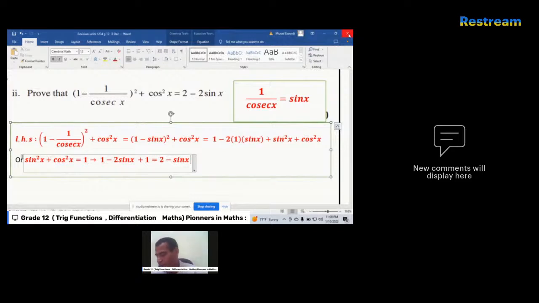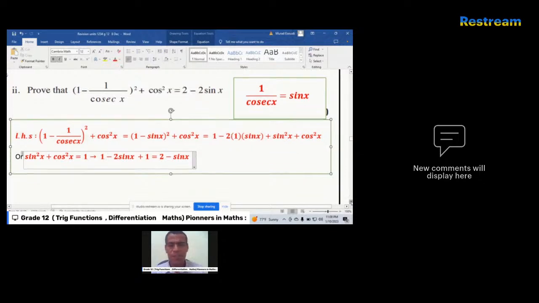Okay. Now, learners, we really proved that (1 minus 1 over cosec x) all squared plus cosine squared equals minus 2 sine of x. Now we move to the next part.